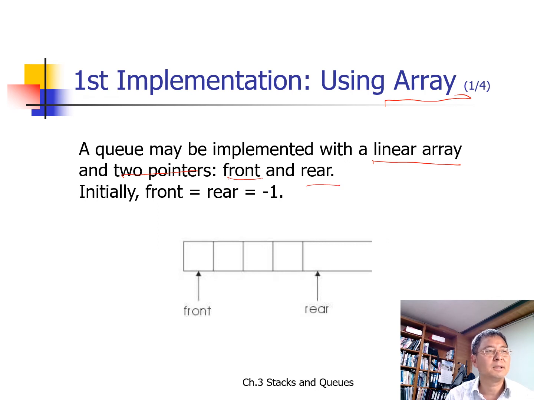The initial value of front and rear is -1 at the same time. Front and rear will point to the first and the last element in the queue.